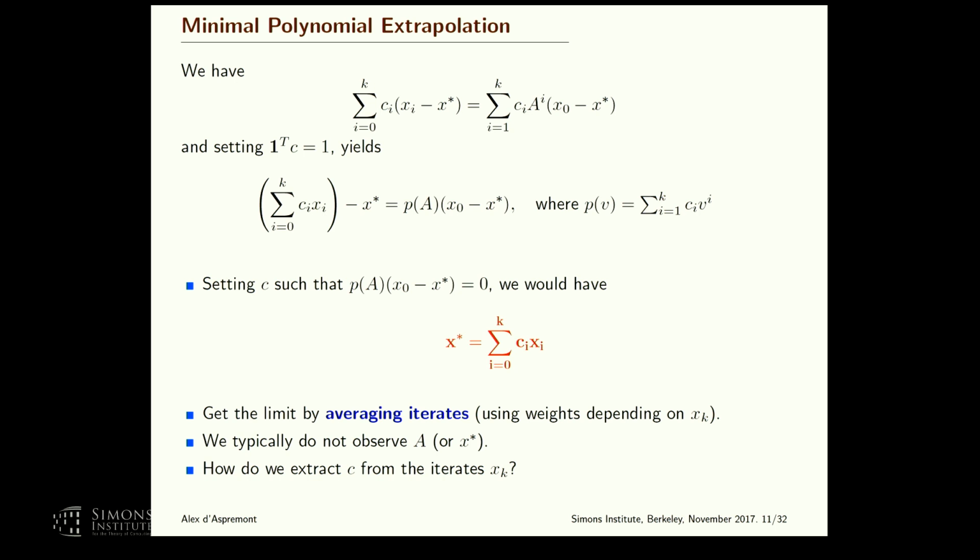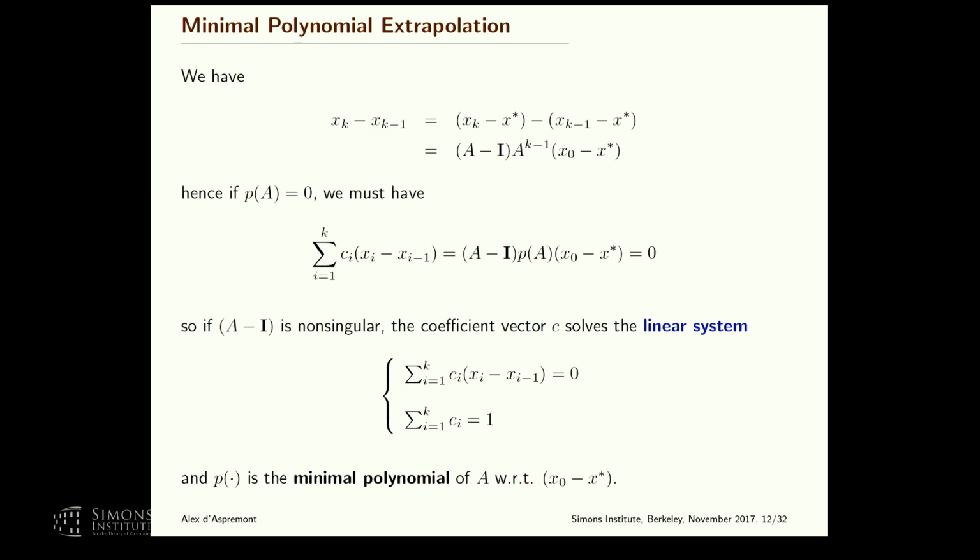So we get the limit by averaging iterates using weights that, of course, depend on those iterates. In practice, it has to be a little bit more complicated than that because, well, we do not observe the matrix A. And so the question is, how do we extract the weights c without observing the matrix A? Well, easy answer. We look at the increments. If you look at the model on increments, this is what iterations look like.